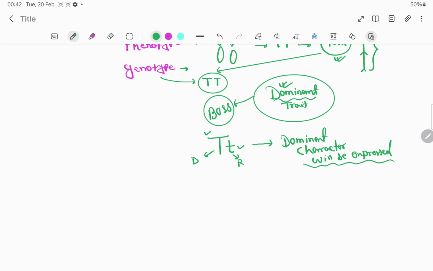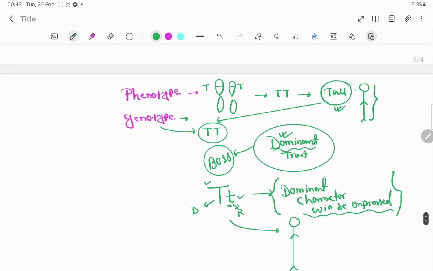So it will suppress the expression of small t. So the individual that will have this kind of allelic configuration, capital T, small t, will also be tall. Is it clear?